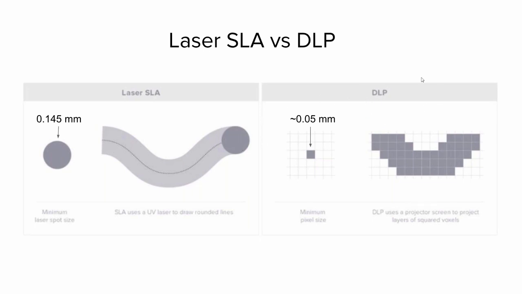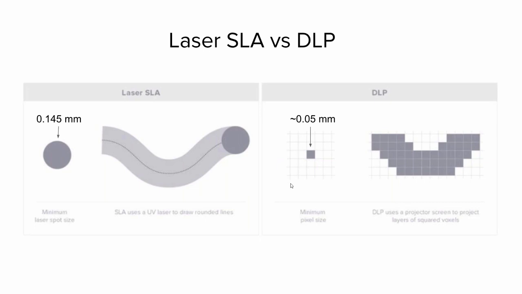This is very different from a printer that uses a grid of pixels, like a DLP or an LCD projection printer, typically around 50 microns. So you can see what a 50 micron pixel looks like here compared to our 145 micron laser point.